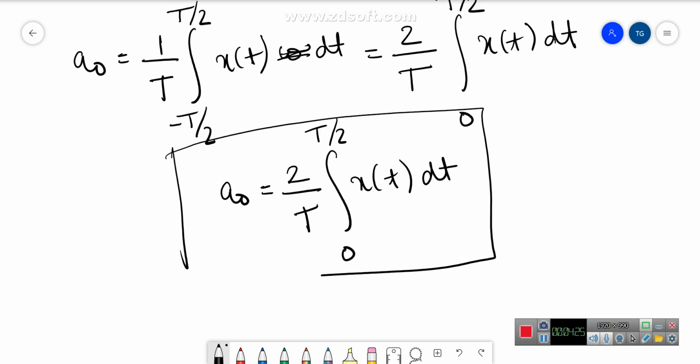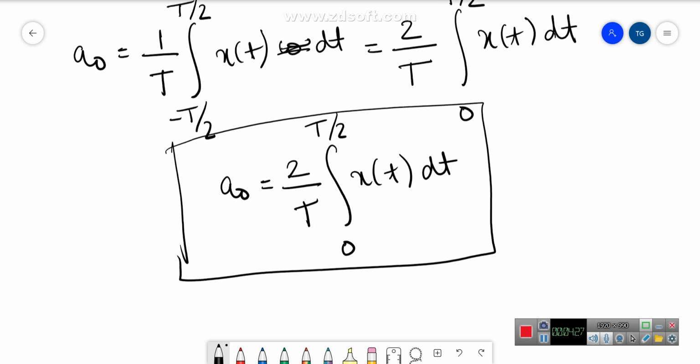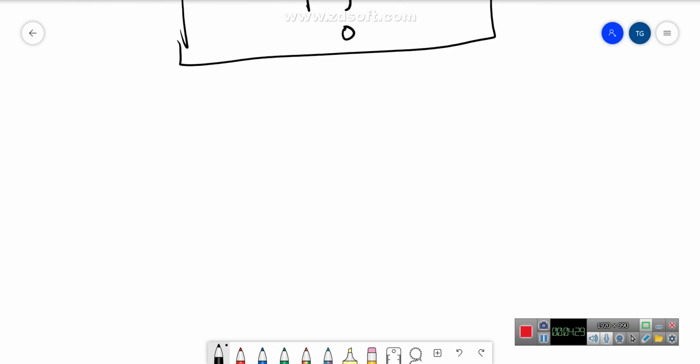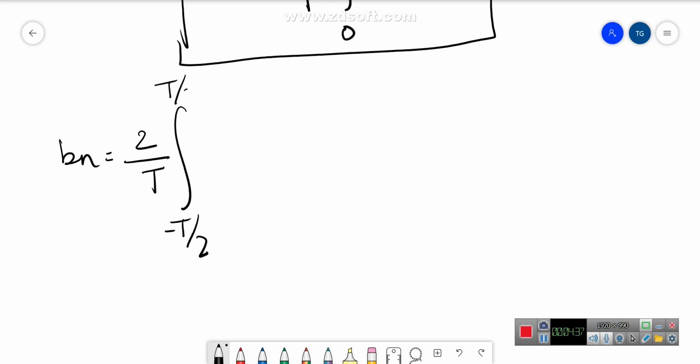And how do we evaluate now my bn? Bn will look like this: 2 by T into the integral from minus T by 2 to plus T by 2 of x of t sine n omega naught t into dt.